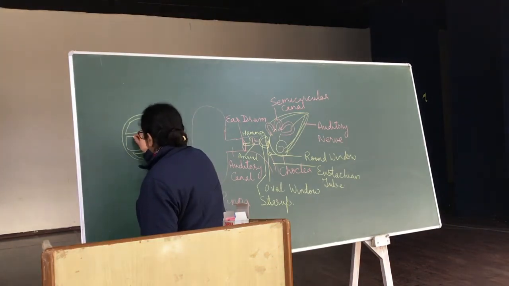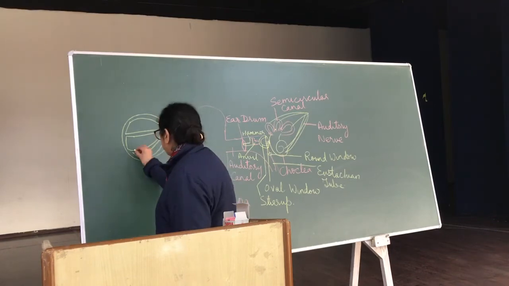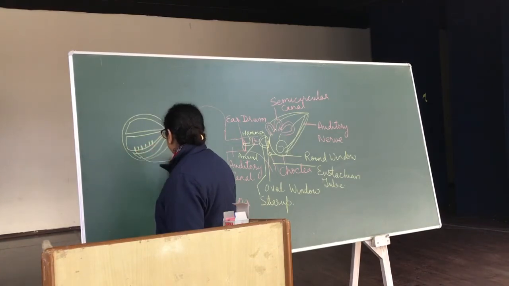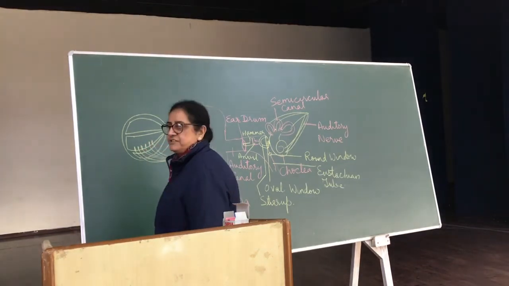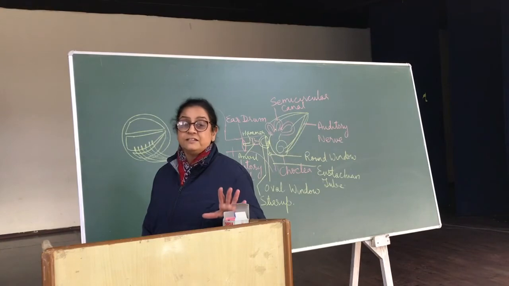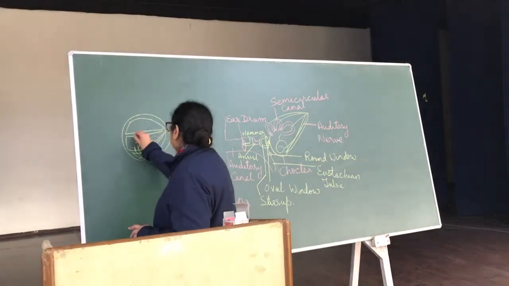And here in the middle cavity are present the sensory cells. And their fibers are the ones which form the auditory nerve. And all these cavities are filled with fluid.